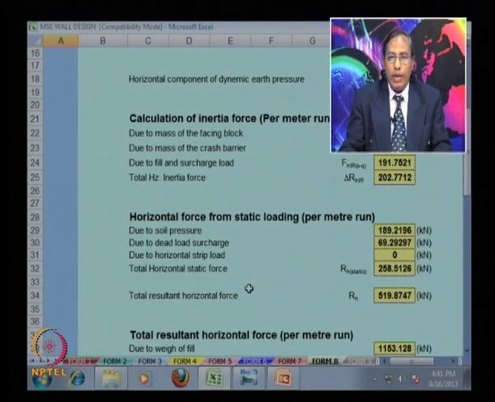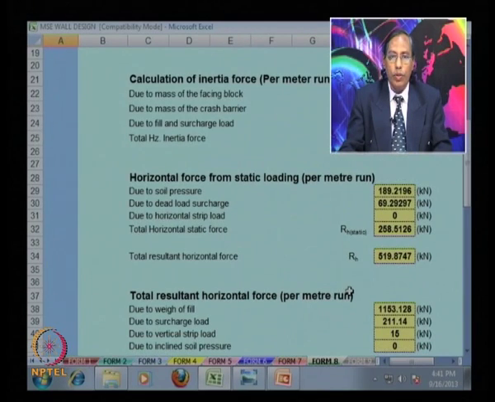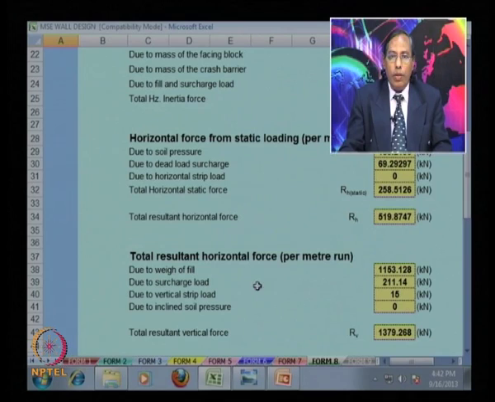Total horizontal static force, that is RH static, is 258.5126. So the total resultant horizontal force RH is 519.8747 kilonewton.